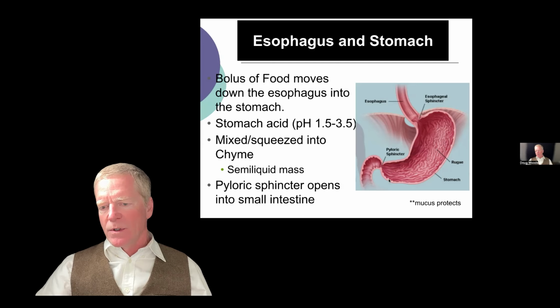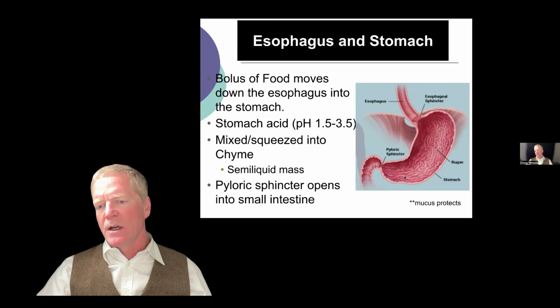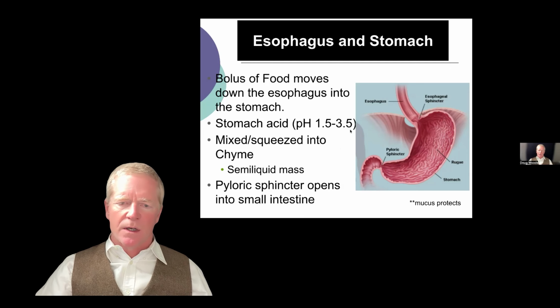Now, it's important to note that the stomach is protected by a very thick coat of mucus that is secreted onto the surface of the stomach. That mucus protects the stomach from being digested by this very acidic environment. The acid is being produced by cells within the stomach wall.